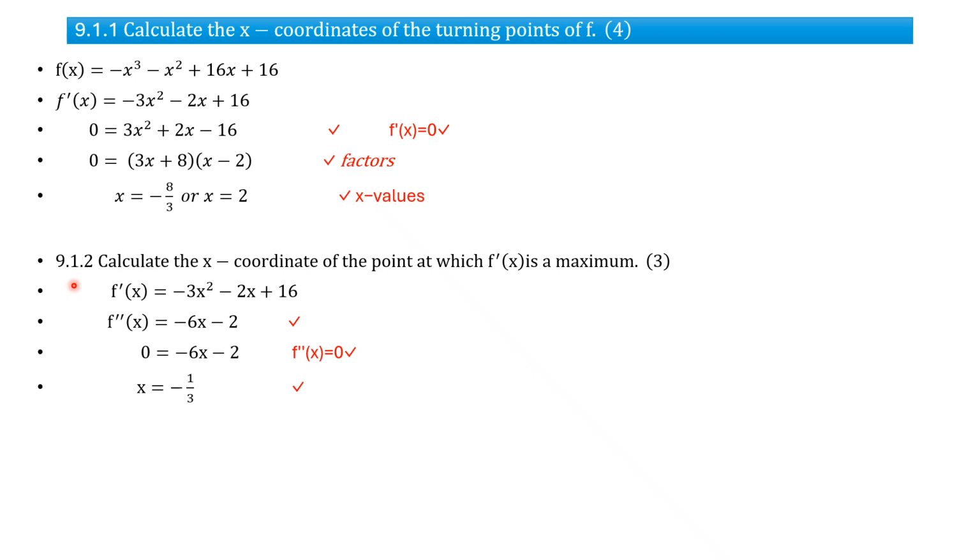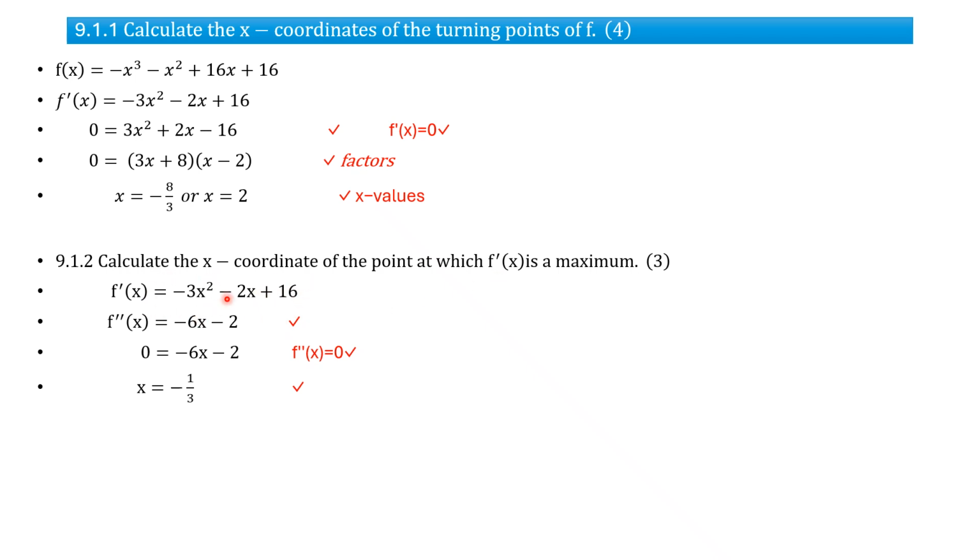Calculate the x coordinate of the point at which f prime x is a maximum. For 3 marks, whenever we say maximum or minimum, we want the derivative equal to 0. So the first derivative we're using was minus 3x squared minus 2x plus 16.